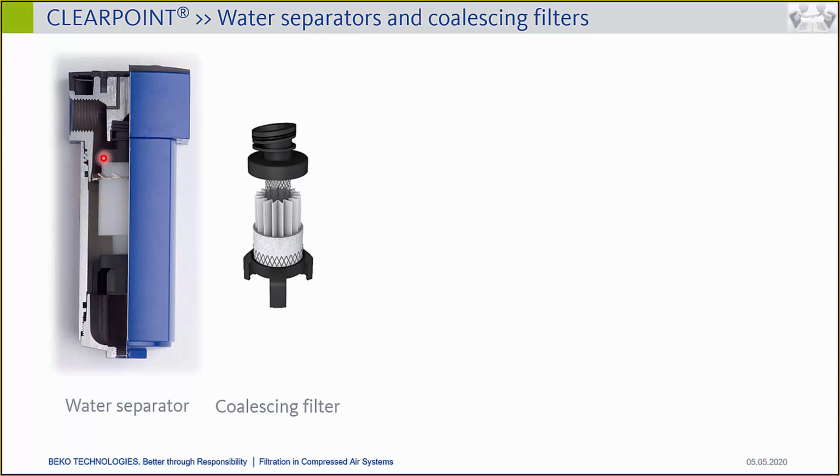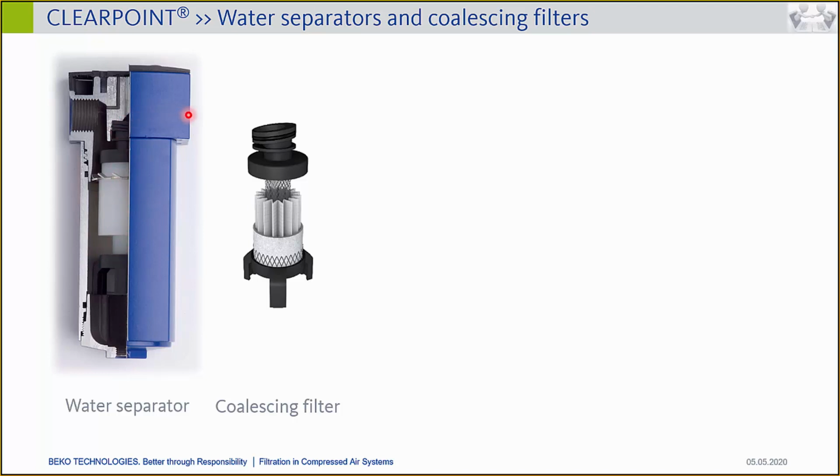So you have gravitational forces and circular forces that separate the liquid and water components of the airstream, and then they will be collected on the inner wall and be drained out here. And the air flows back to the inner area out of the filter housing here.